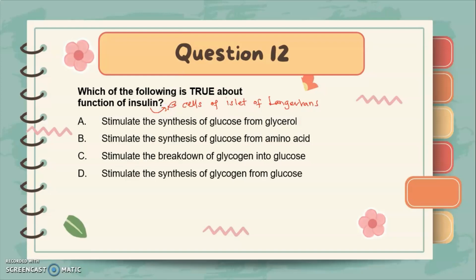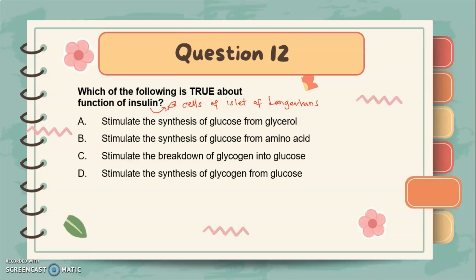So, apa function insulin? Insulin ni dia akan menyebabkan, okay, stimulate the uptake of glucose by increase the rate of conversion of glucose to glycogen. So tadi kita dah bincangkan tentang glycogenesis. Okay, so glycogenesis occur apabila adanya insulin.